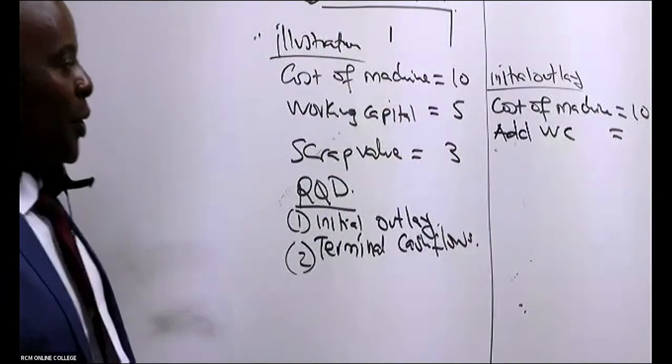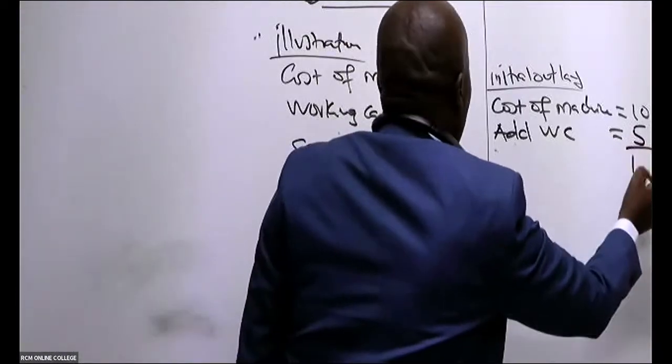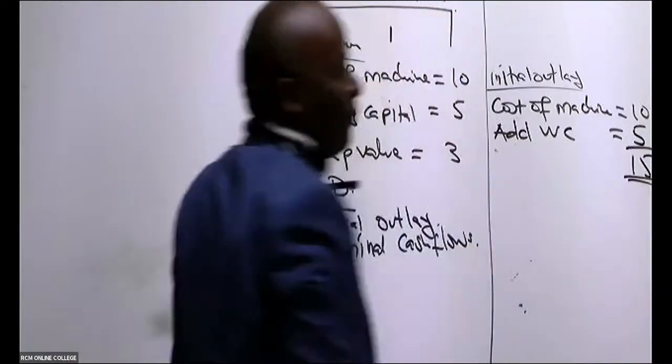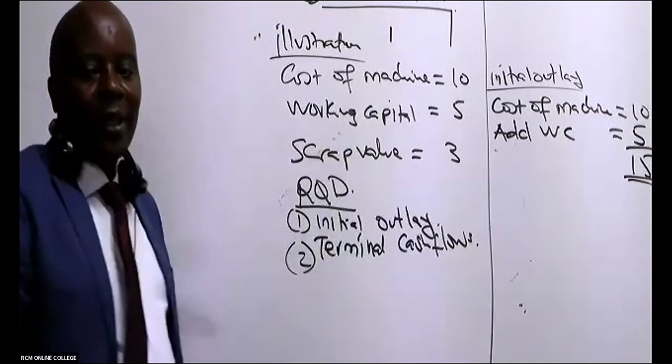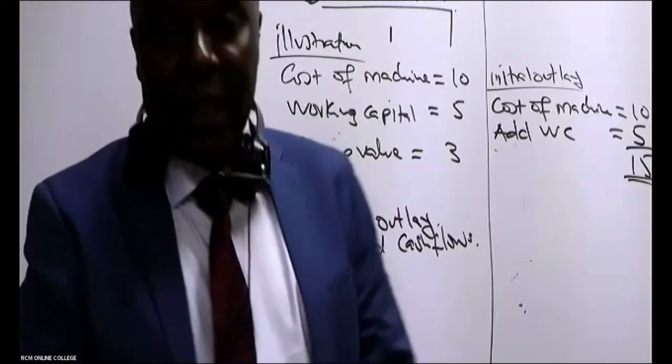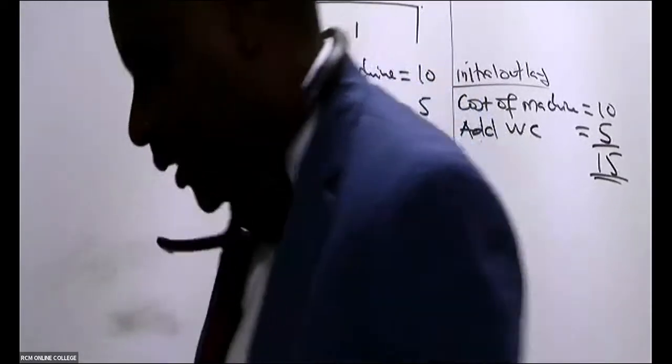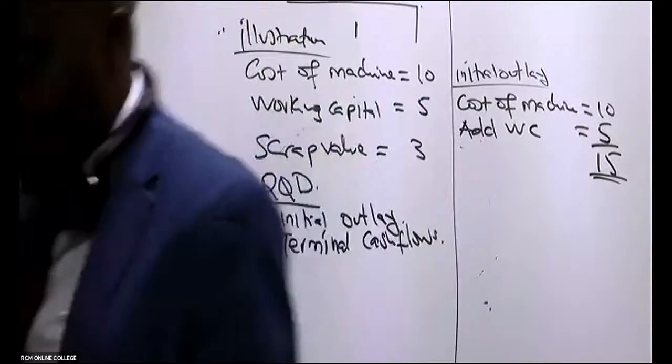When I add WC, what am I getting? 5. So this gives me 15. So cost of the machine, and then you add working capital. This may seem basic, but it is very important.